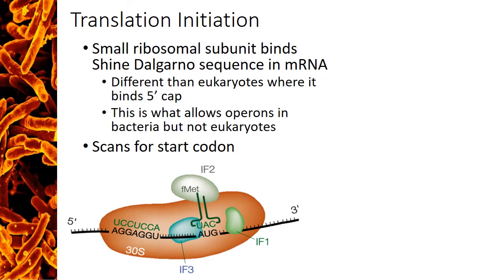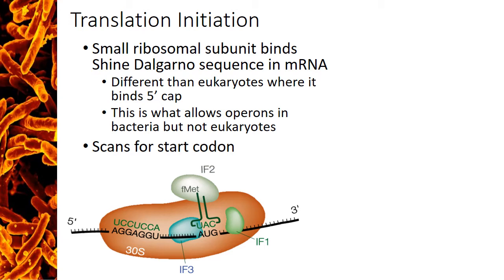To begin translation, the ribosome must first bind to the messenger RNA so the sequence can be read and the protein generated. The binding of the ribosome to the messenger RNA is different between prokaryotes and eukaryotes, and it's the binding mechanism that allows the presence of operons in bacteria, but not in eukaryotes. In bacteria, there's a specific sequence of nucleotides that is part of the messenger RNA.